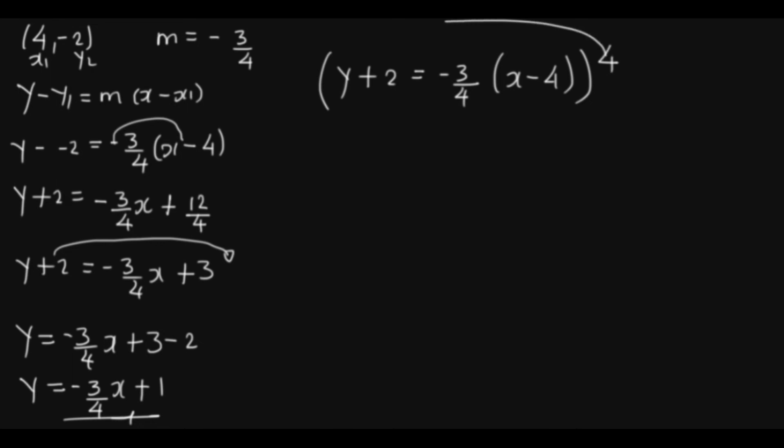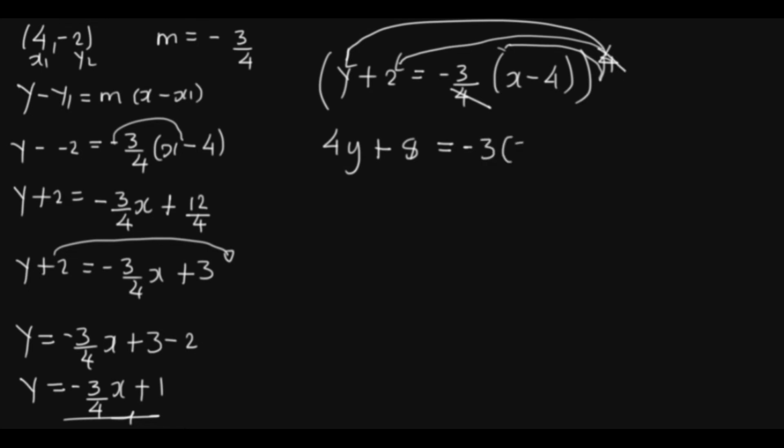So this 4 will multiply with y, then the second one will multiply with this one, then the other part will multiply by this one. So 4 times y is 4y plus 4 times 2 is 8 is equal to. Now 4 times negative 3 over 4, we can just cancel this. We have negative 3x minus 4.